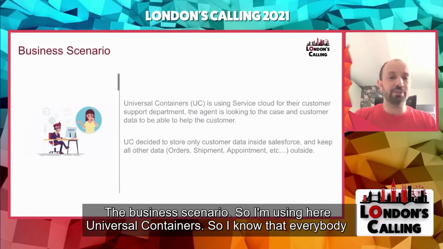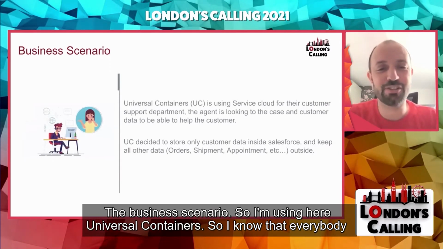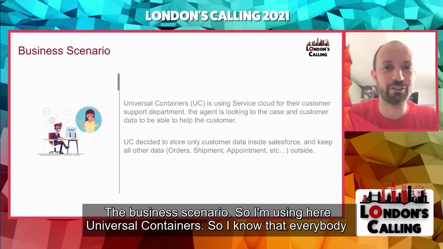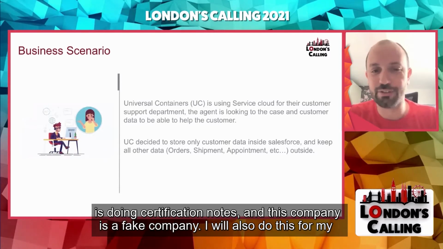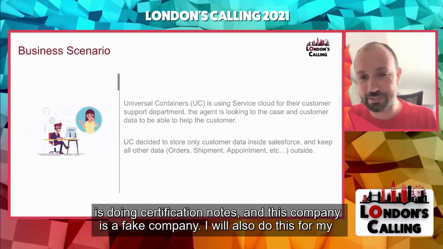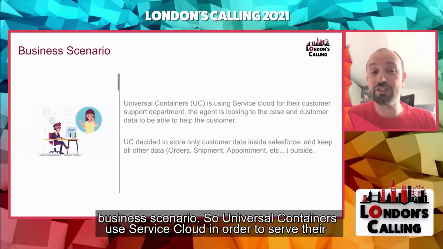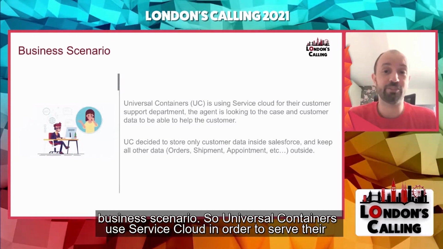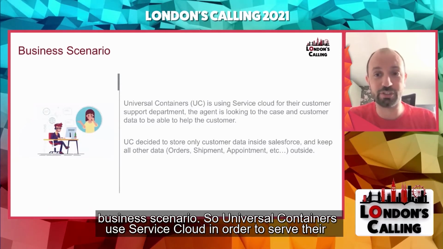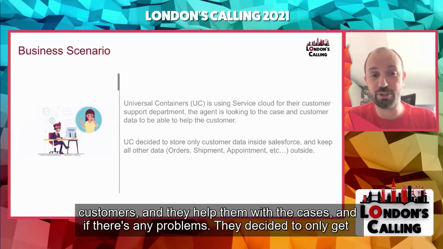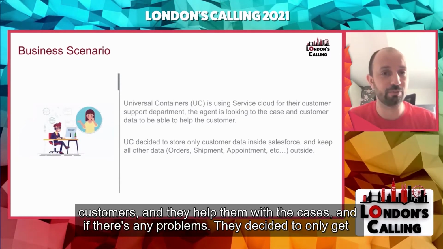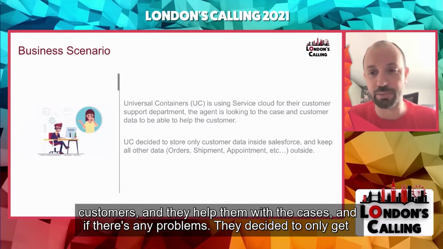The business scenario. So I'm using here Universal Containers. I know that everybody who is doing certification knows this company. It's a fake company, but I will also use it for my business scenario. So Universal Containers use Service Cloud in order to serve their customers and help them with the cases and if there's any problem.